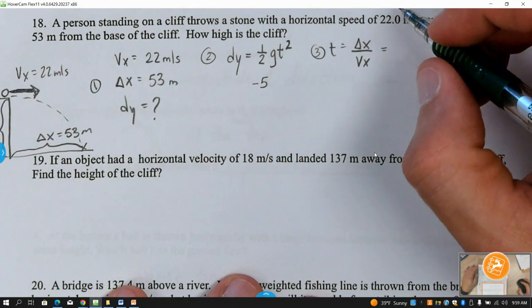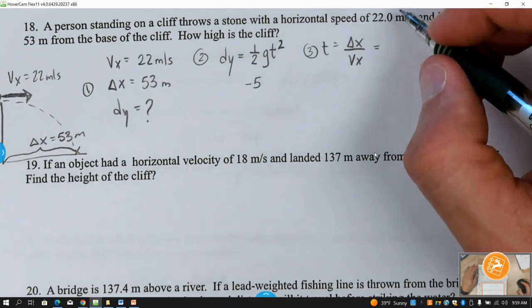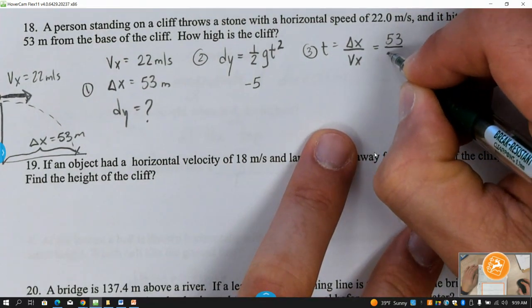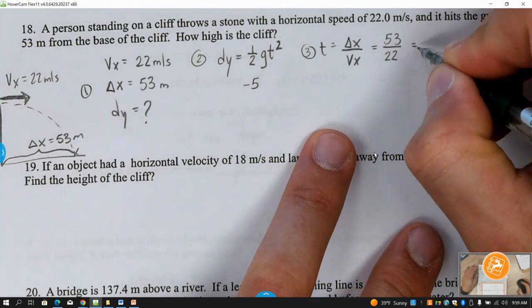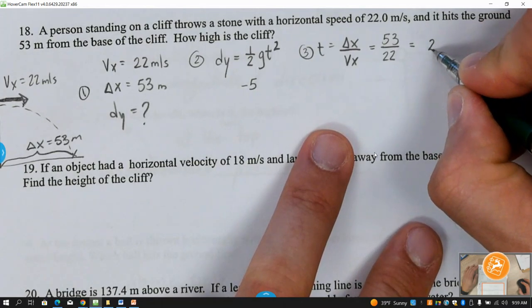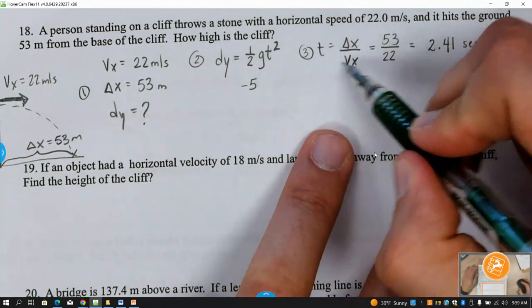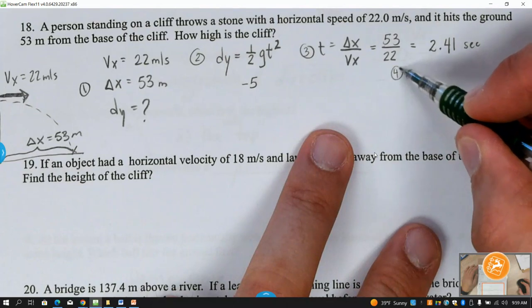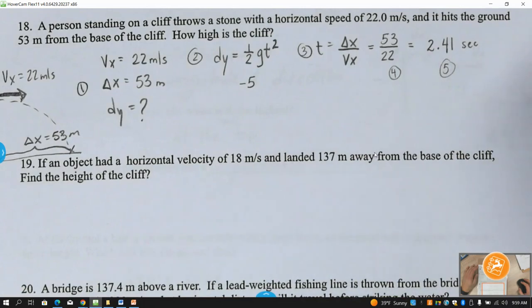Substitute your numbers in, and that would be 53 for delta x and 22 for Vx. And it's going to kick out a number with a decimal. We're going to round it to 2 decimals. We're going to call it 2.41 seconds. So this equation, third point, the work for it, fourth, the answer to that, fifth.